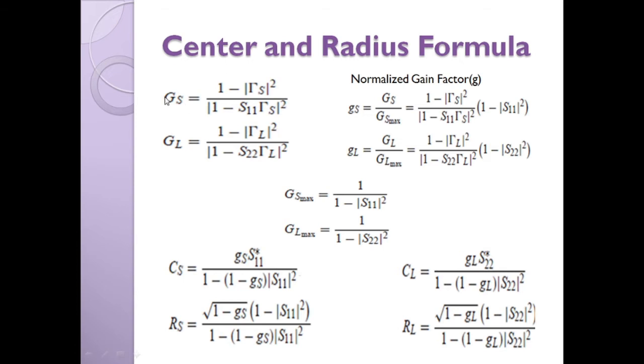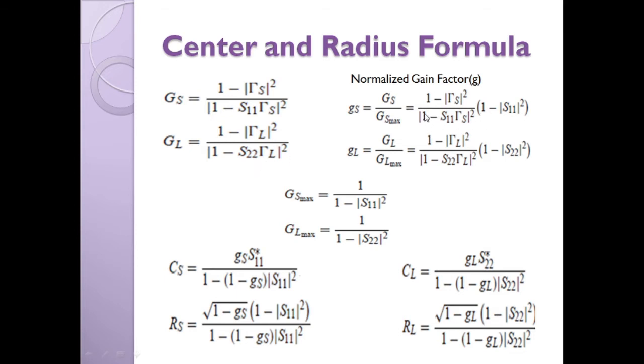This GS represents the constant gain circle gain formula, that is equal to 1 minus mod of gamma s the whole square, divided by mod of 1 minus S11 gamma s the whole square, where gamma s represents the reflection coefficient looking towards the source side. Similarly GL represents the load side gain, and for this the formula is the same, with gamma s and S11 from GS replaced by gamma L and S22.